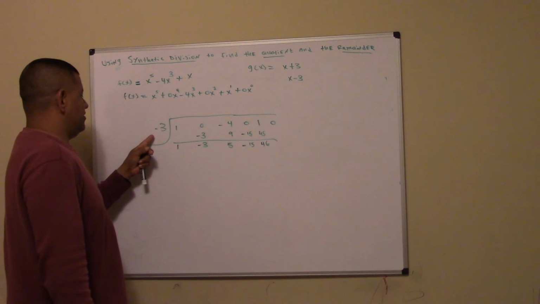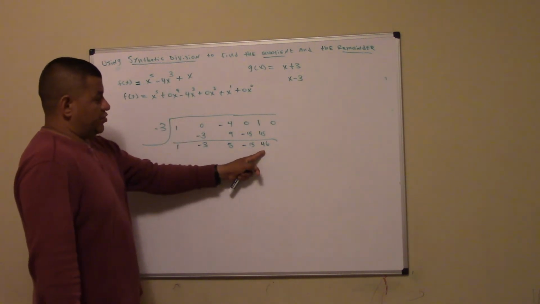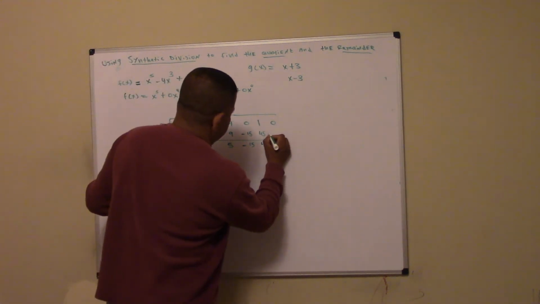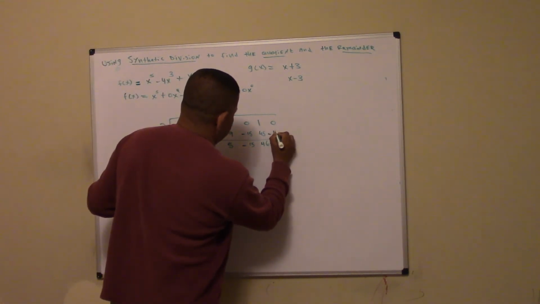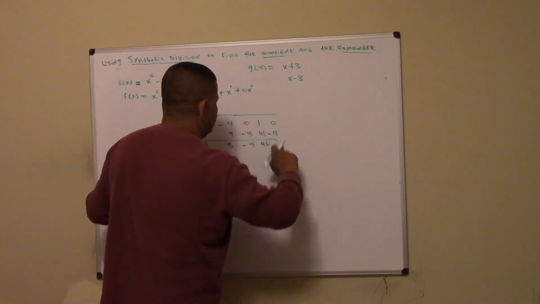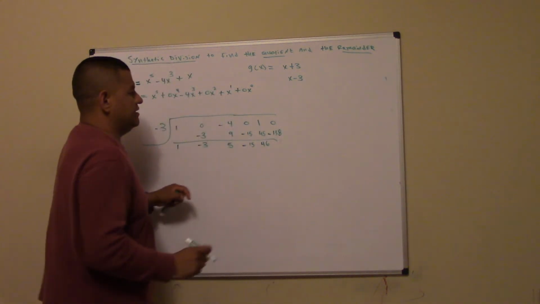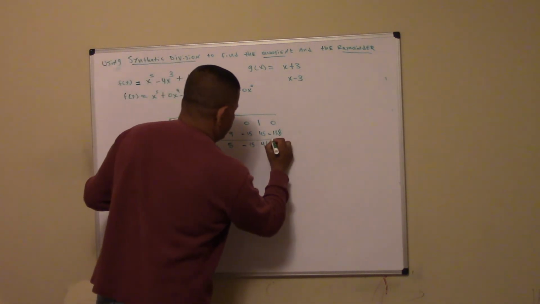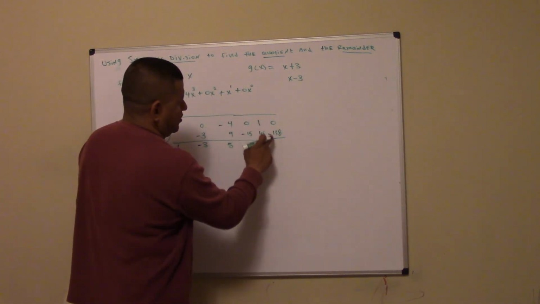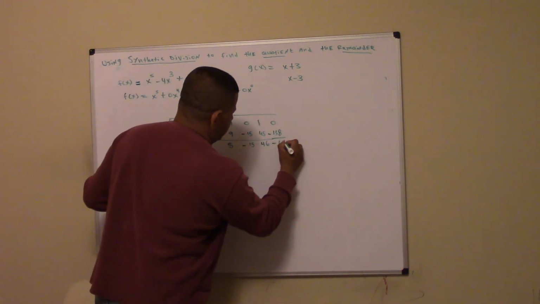So now -3 times 46 is negative 138. Okay, then I just drop it. I added 0 plus 1 plus negative 138, which is just negative 138.